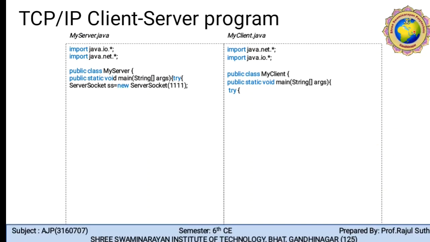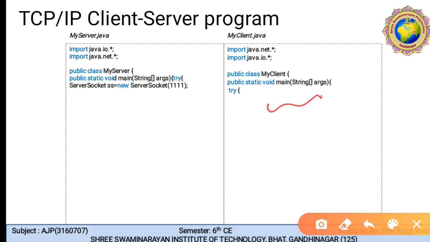Then public static void main(String args[]), and try: ServerSocket ss is equal to new ServerSocket. On the server side we only use the port number, while for connectivity on the client side we require port number and IP.